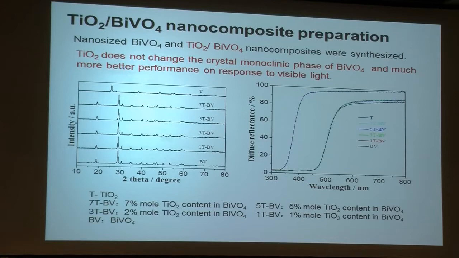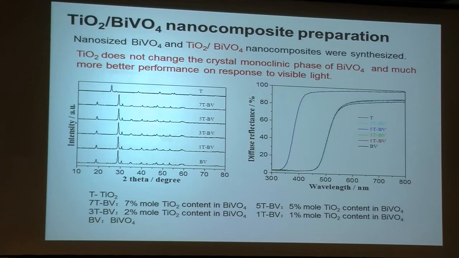Bismuth vanadate has a very good response to visible light, but the excited electrons and holes easily recombine, so it couldn't be used in the PEC system. When titanium dioxide is combined with bismuth vanadate, the material has a very good response in visible light.